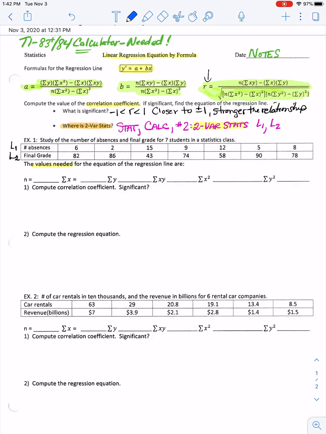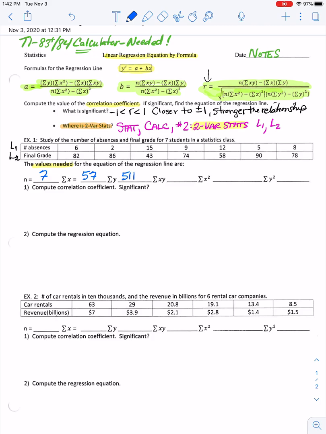N in this particular problem should come out to be 7. The sum of the x's right there is 57. Find the sum of the y's. It might not be right there at first, but if you scroll down, look at all that stuff in there. You scroll up and down to find all these missing parts.